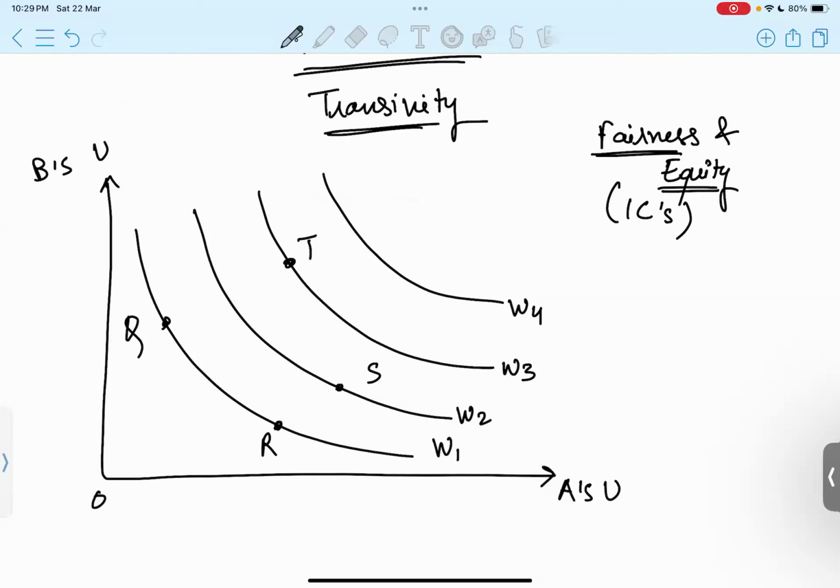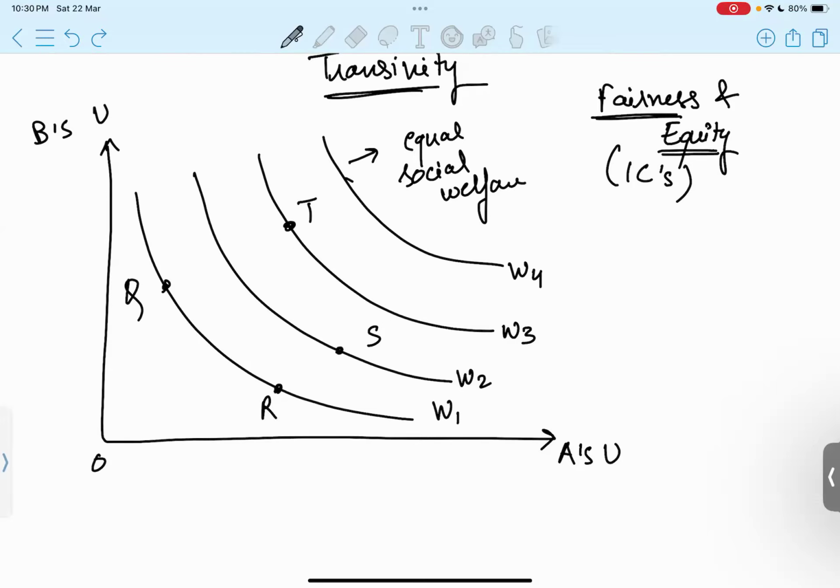Each indifference curve represents that the social welfare is equal at different points on one single curve. Let's say this point and these 3 points together represent the same amount of social welfare. There's no difference, but it would change when we are shifting to different curves.